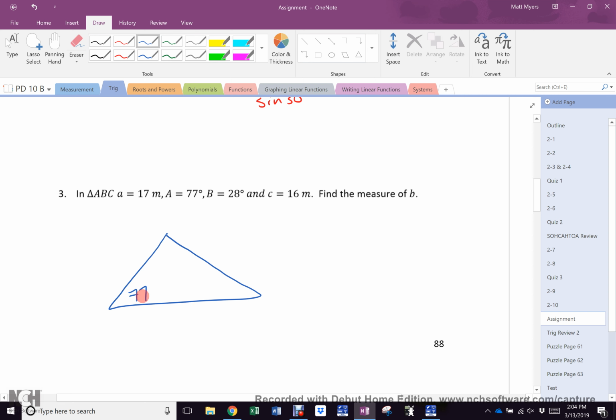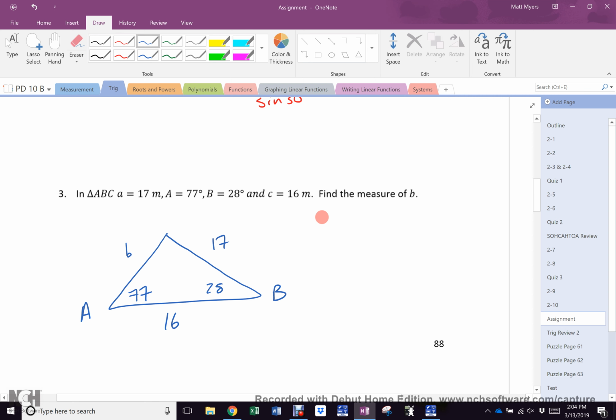Angle A is 77. Little a is 17. Angle B is 28. Let's put it down there. B is 28. And side C is 16. Find the measure of B, which is right there.